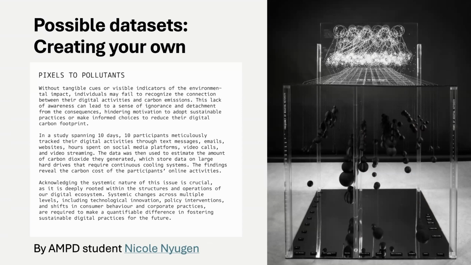So things like how many text messages they sent in a day, how many hours were spent on social media platforms, how many emails they had archived and saved. All of that generates data that needs to be stored, and that takes carbon dioxide and creates carbon emissions to be able to store it in a data server. So she created her own data by conducting this study with 10 participants.